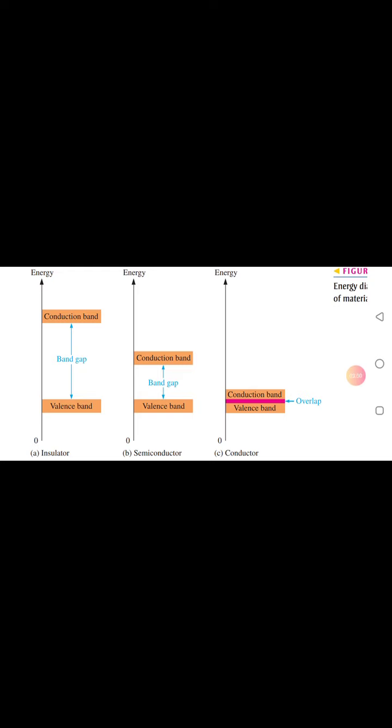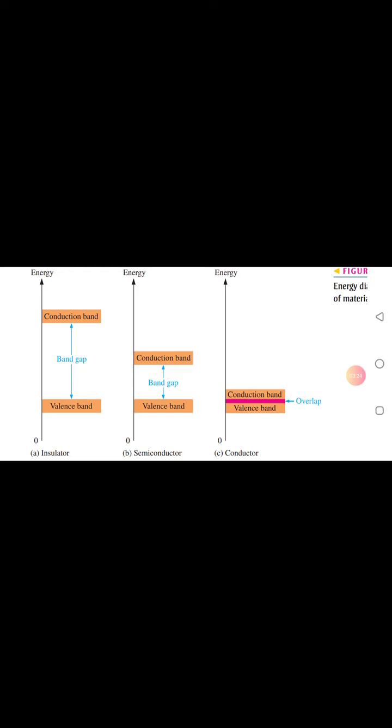What is a semiconductor? A semiconductor is basically, you can say, half conductor and half insulator. It conducts current, but not like a conductor conducts. It conducts current, but it also insulates it. Why?